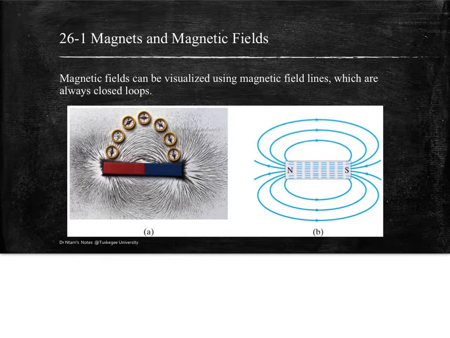So magnetic fields can be visualized by using magnetic field lines. Magnetic field lines are always closed loops.